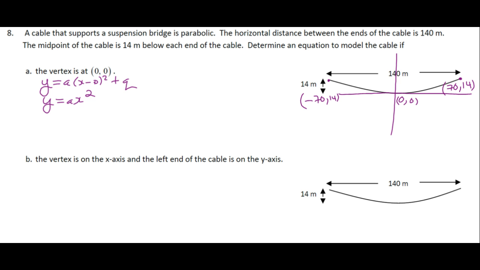And then we just plug in, so 14 is equal to a times 70 squared. 14 is 4900a, and a will be 14 over 4900, which I think is like 7 over 2450. Is that reduced? No, 2 over 700, 1 over 350 ultimately. So the equation is y is equal to 1 over 350 x squared.